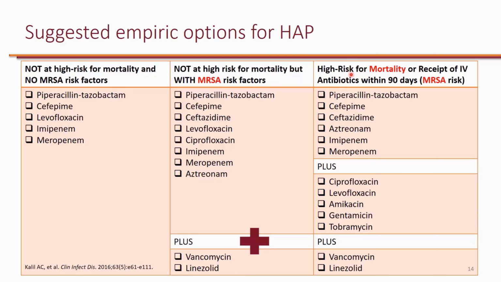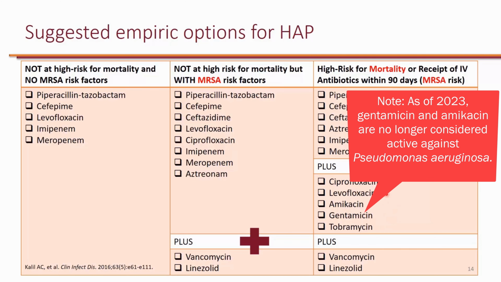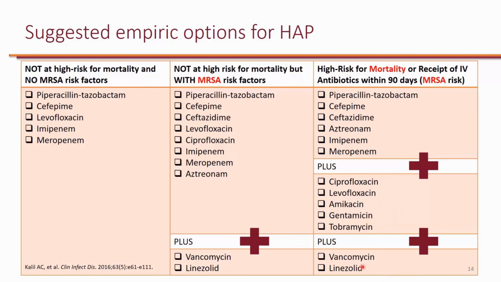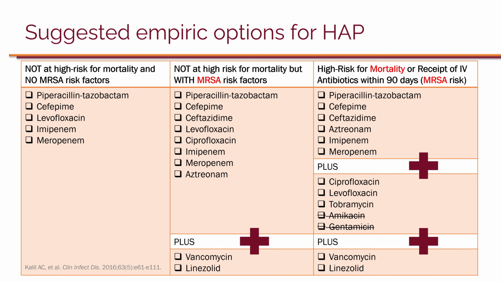And of course, if someone is at high risk for mortality, then that patient should receive two agents for Pseudomonas plus an agent for MRSA. So one of the beta-lactams plus one of the non-beta-lactams active against Pseudomonas plus an agent for MRSA.